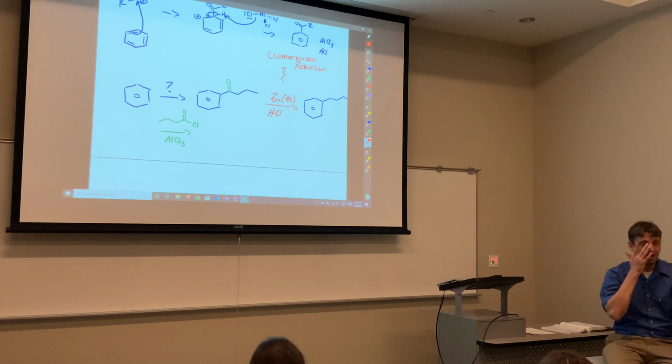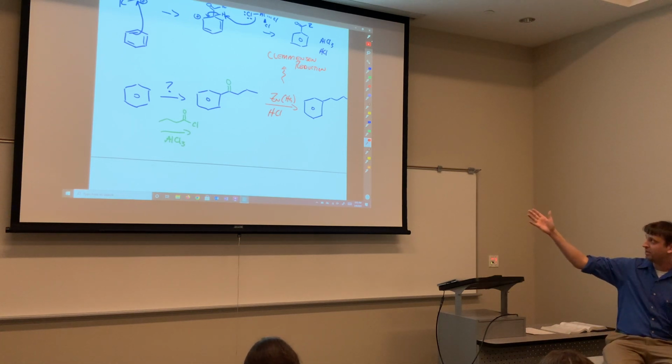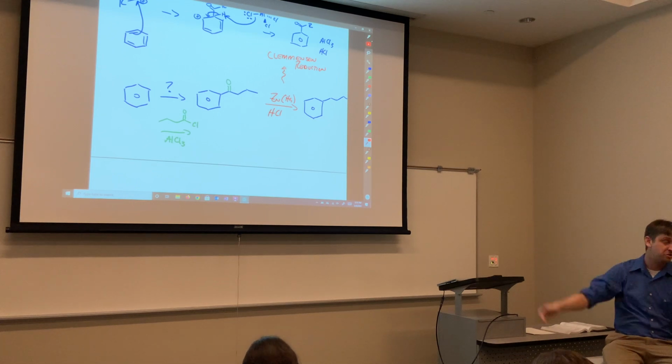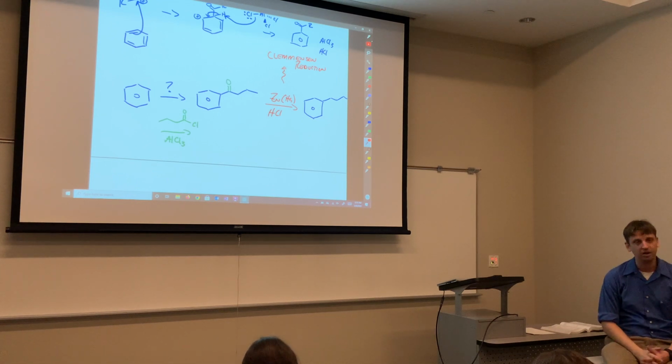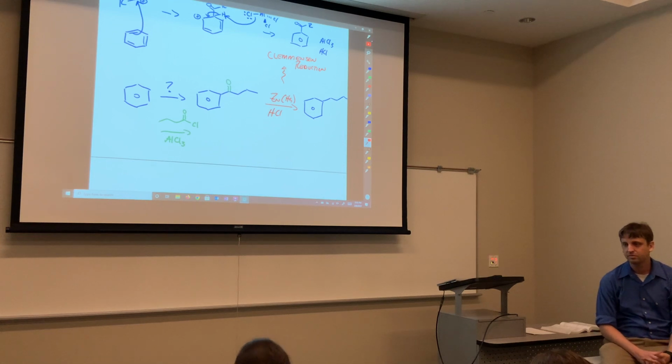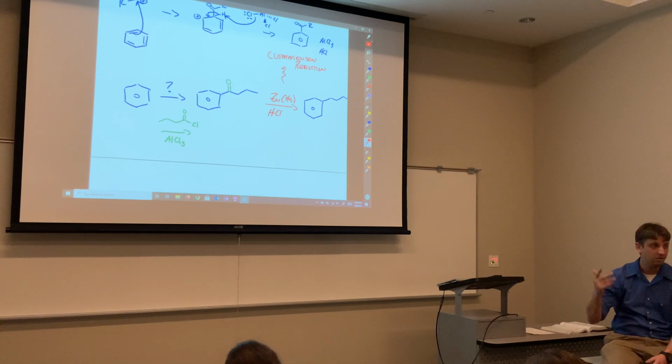Now, let me back up for just a second. This is going to reduce the crap out of most things. It'll get rid of those carbonyls, but it'll go after a lot of other functional groups too. In fact, we're going to use a very similar setup to do a reduction of nitros. I'll talk about that in just a little bit, but this will kind of reduce everything for you, but it'll get the job done.